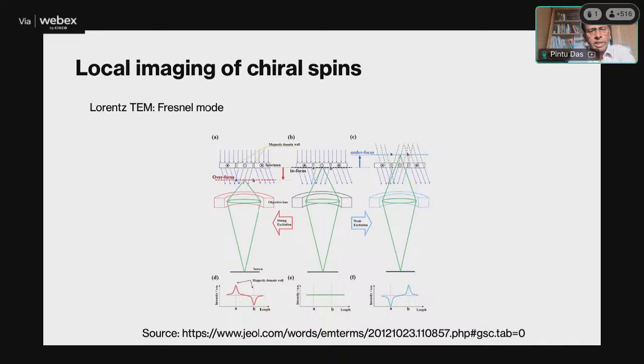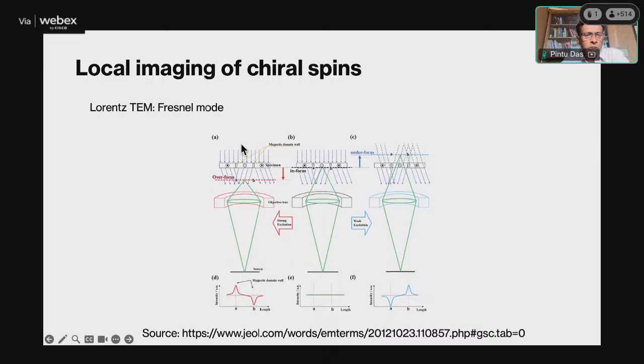So you have a source of electrons. The electrons, or electron waves, travel through magnetic materials with different kinds of domains, magnetization pointing outward, pointing inward. So there is a domain wall here, a domain wall here. These are magnetic domain walls.